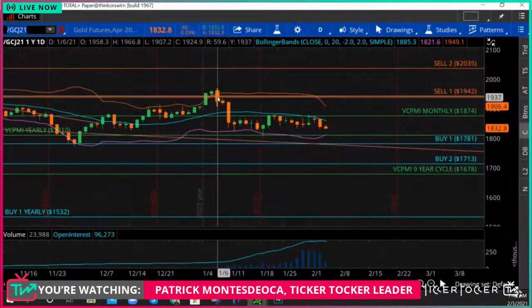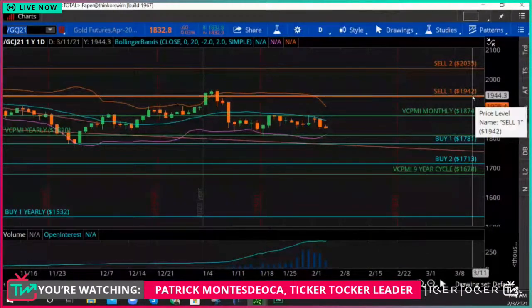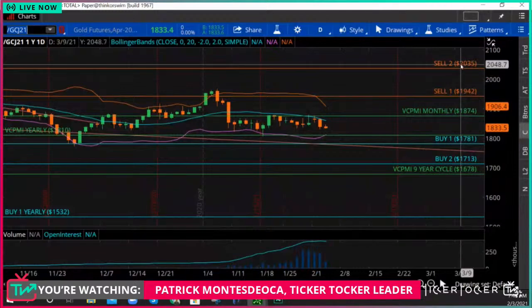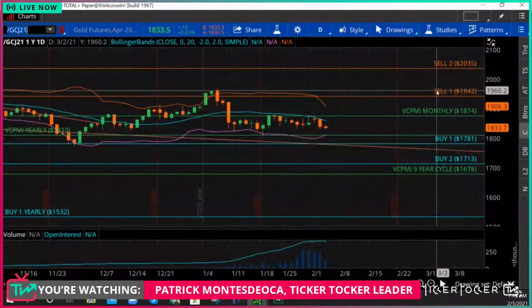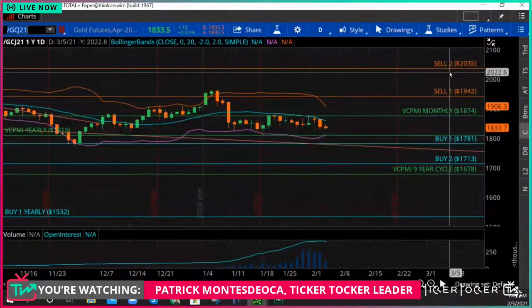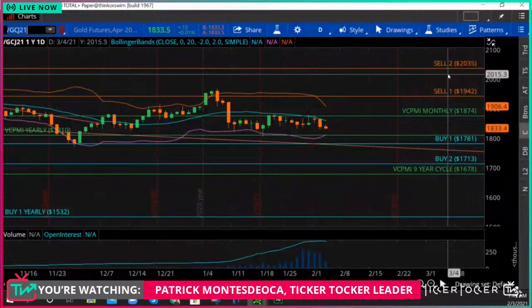So this algorithm has identified for us that the distribution area in gold is between 1942 and 2035. And this is the area where you want to manage your profits accordingly, depending upon your profile, depending upon your inventory.